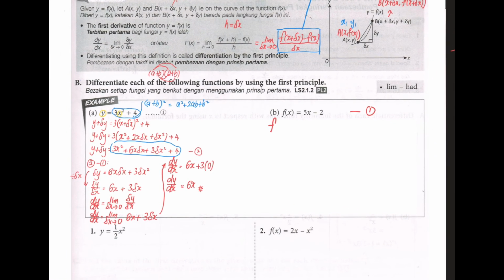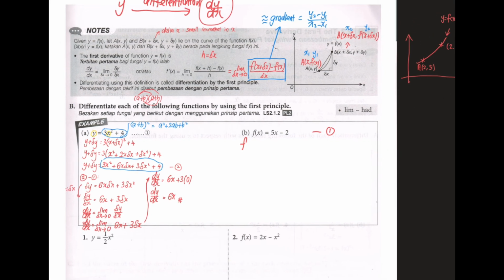When you do this question, you try to compare with the left hand side, more or less the same. Now the x, you change to x plus delta x. The fx, you change to fx plus delta x. As you can see in the graph, the x changes to x plus delta x, and the fx changes to fx plus delta x.